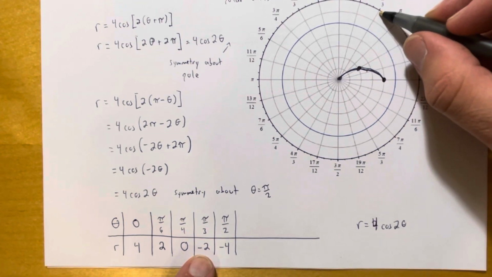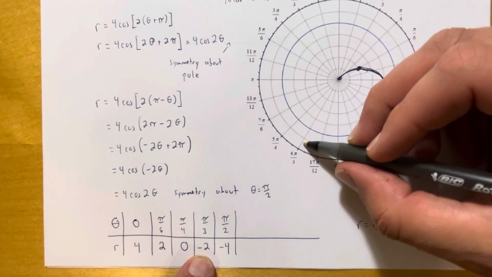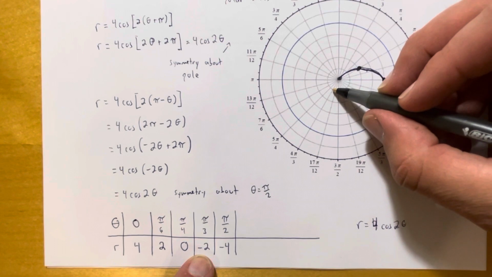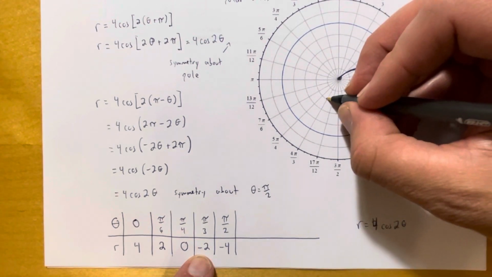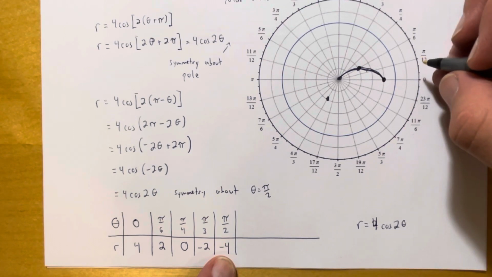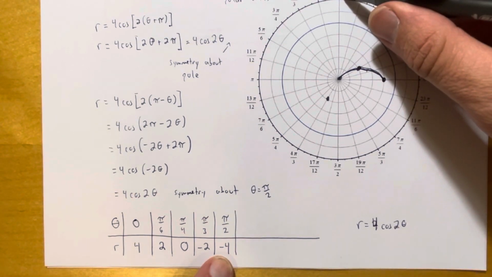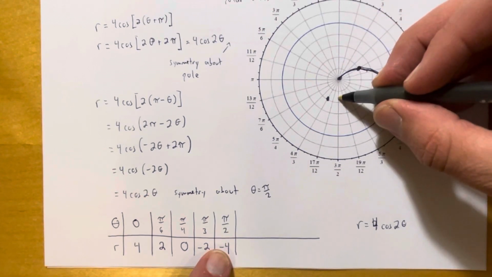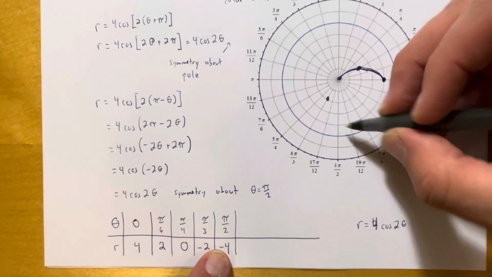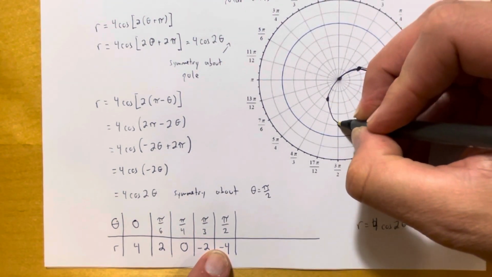So that means that I go through a 180-degree angle, and now I'm going in the direction of 4 pi over 3, and I go 2 units in that direction. 1, 2, like this. And then pi over 2, if I plug in a pi over 2, I get negative 4. Well, pi over 2 is here, but the negative value for r reflects this down, and now I go 4 units down instead of up. 1, 2, 3, 4, like this. So now this curve goes like this.